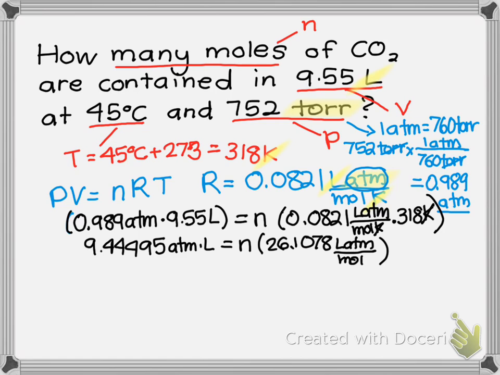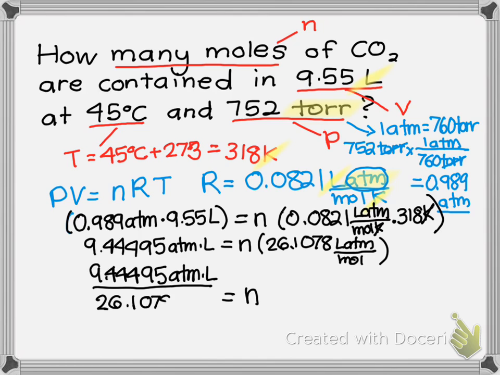And so now I need to solve for n, so I'm going to divide over. So n equals 9.44495 divided by 26. Now again, I wanted to show you, I know it's very exciting, but see, atmospheres cancel, liters cancel, and I'm left with moles, which is what my answer should be in. I always like it when it works out that way.